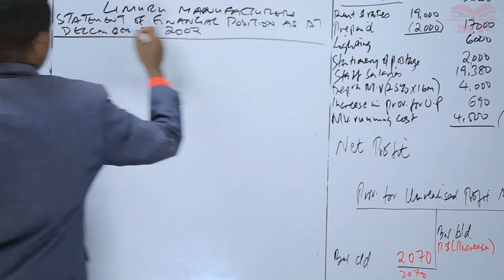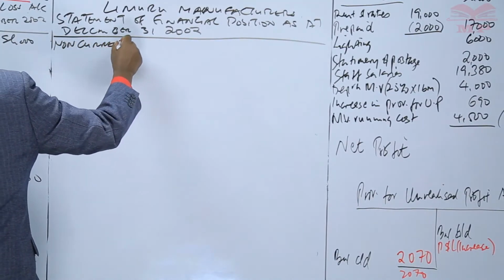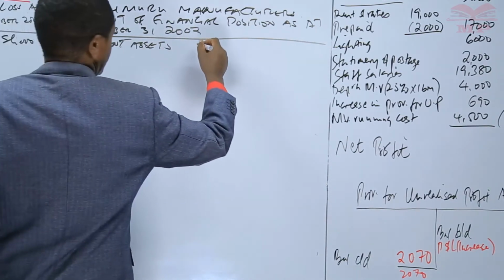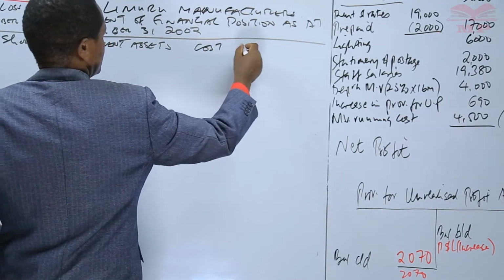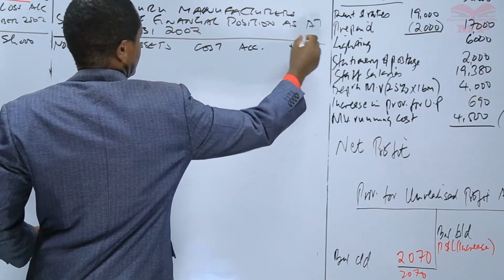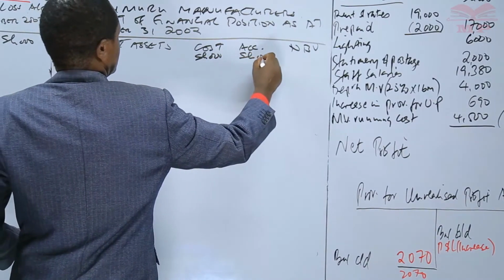We'll first have the non-current assets, which will have 3 columns: cost, accumulated depreciation, and net book value. The figures are in thousands.